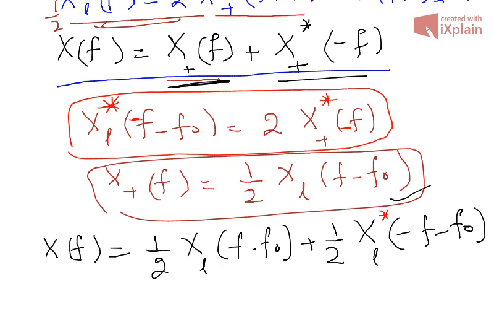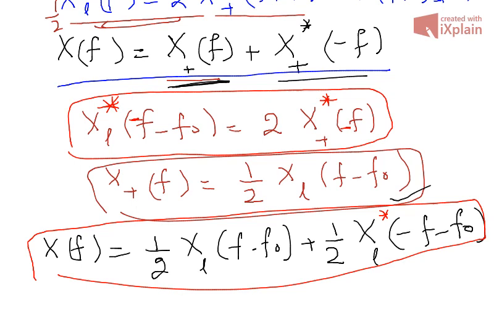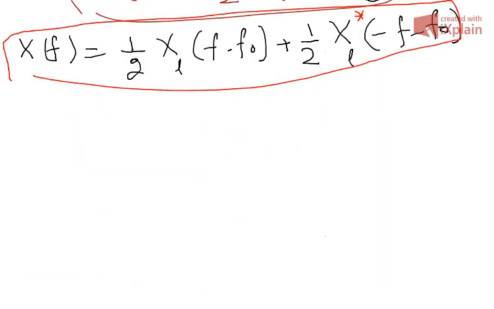So we can write our X of f in this form, in terms of the spectrum of a low pass equivalent signal XL of f. Now we already derived the expression for XL of t, and we said that our XL of t, the time domain signal, has a real component and an imaginary component.